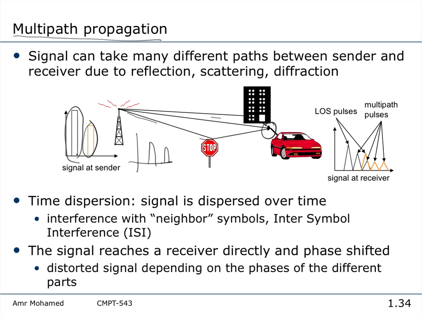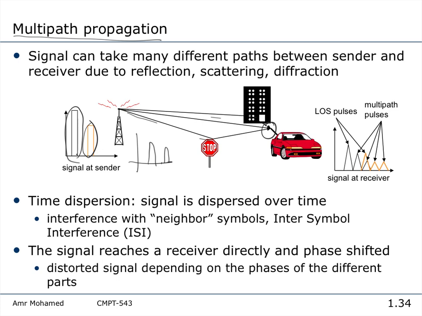So what will this cause? This will cause what we call a symbol. A symbol is like whether we send 1 bit or maybe 2 bits. We'll talk about digital modulation, where we can represent 2 bits using different amplitude or different phase. In any case, we call this a symbol, right?